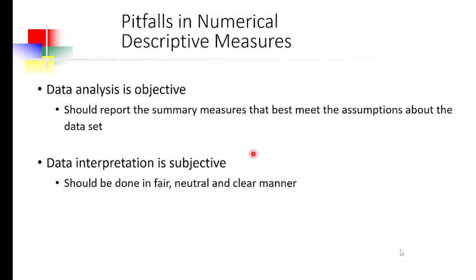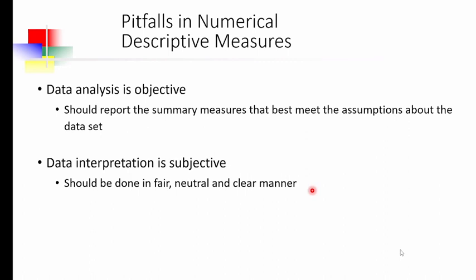Then data interpretation is subjective. That is, with a clear understanding of your terms, you have to make the interpretation. So it should be done in a fair, neutral, and clear manner. You cannot write your interpretation as vague.